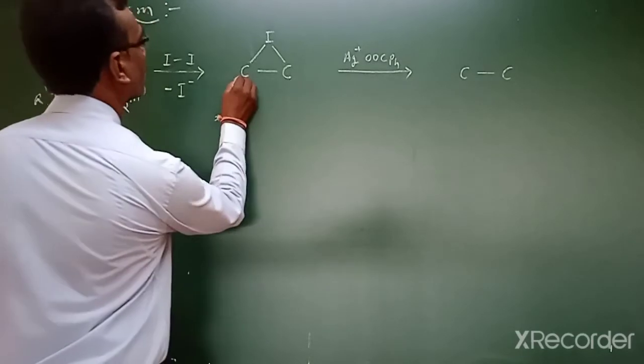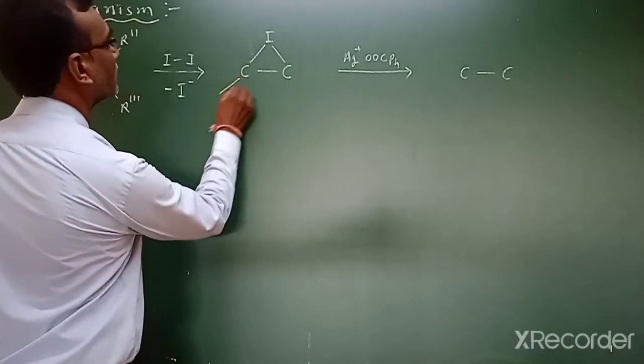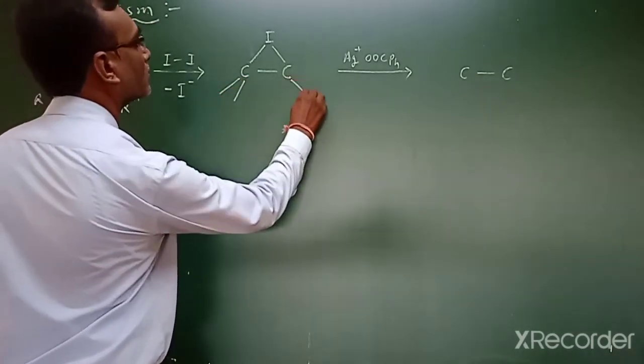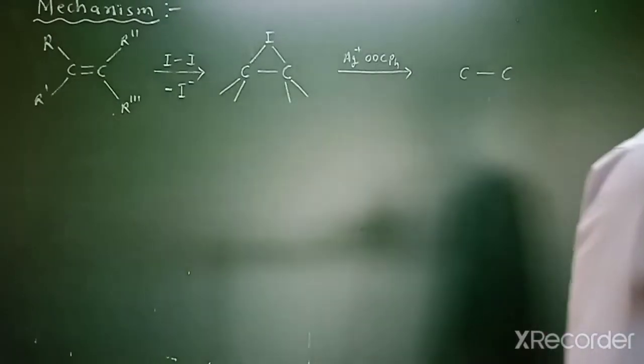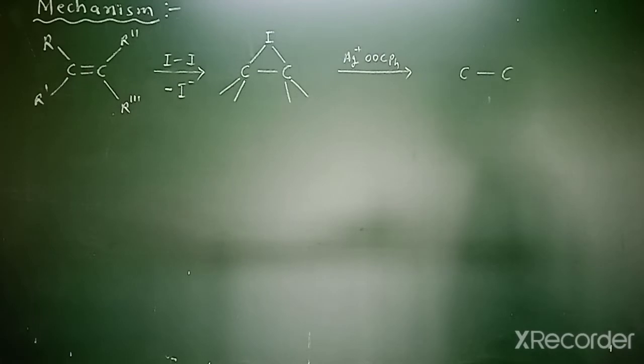And after that, the alkyl groups that were bonded with both the carbons will make their conformation like this.